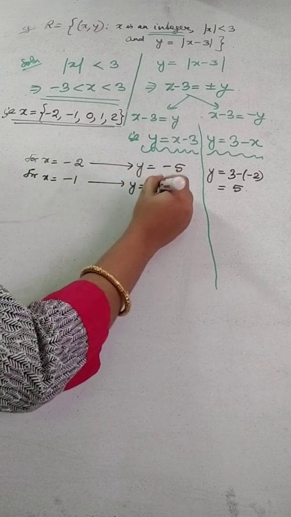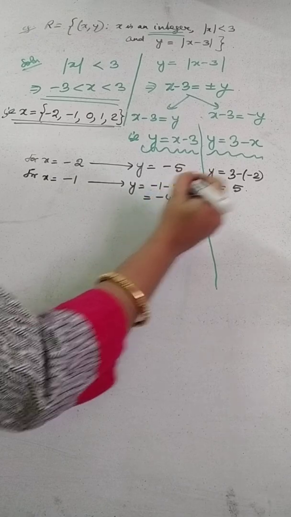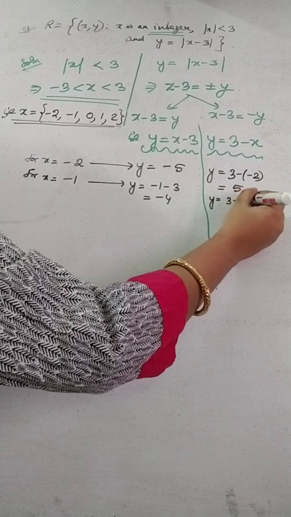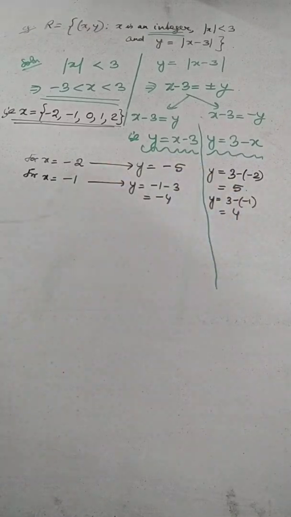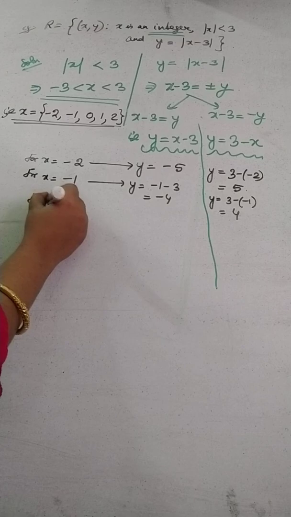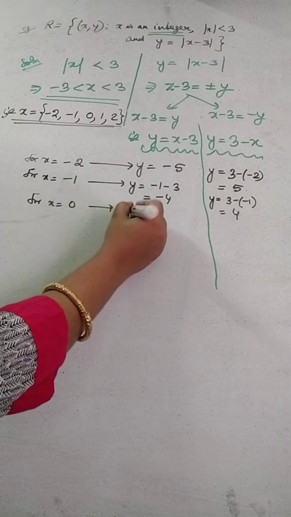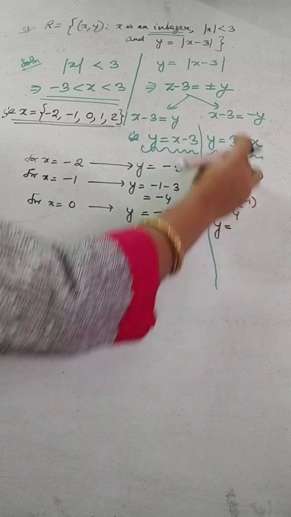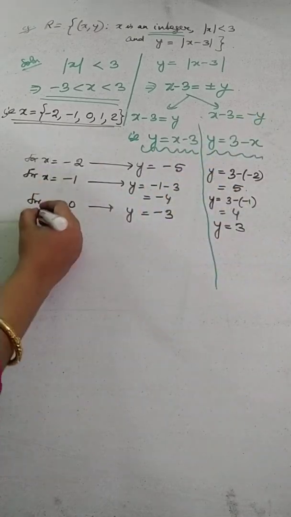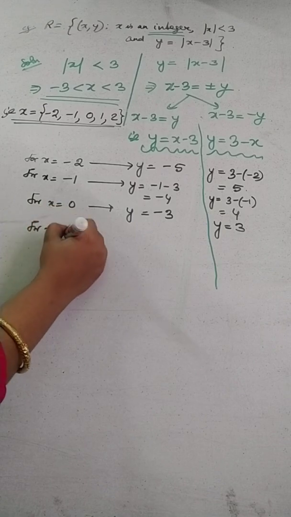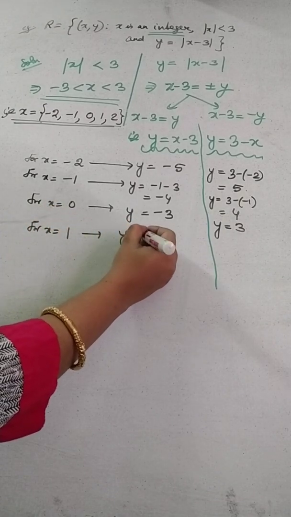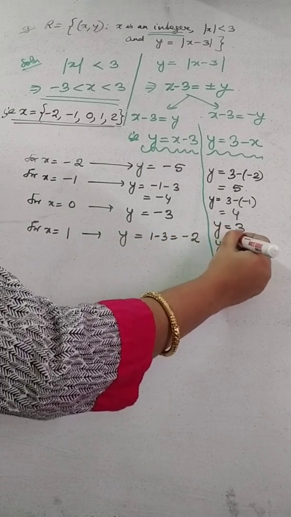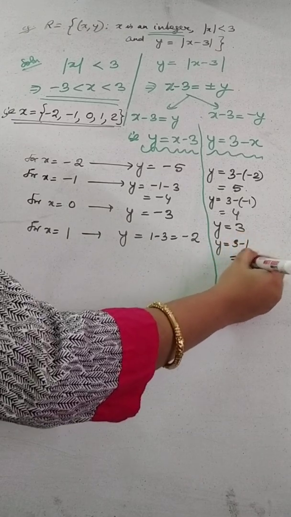Next, for x is equal to minus 1. Value of y is minus 1 minus 3, that is minus 4. Value of y over here is 3 minus of minus 1, that means it's plus 4. For x is equal to 0, we can do it mentally: 0 minus 3 is minus 3, and y over here is 3 minus 0, that is 3. For x is equal to 1, y is equal to 1 minus 3, that is minus 2, and over here y is equal to 3 minus 1, that is 2.